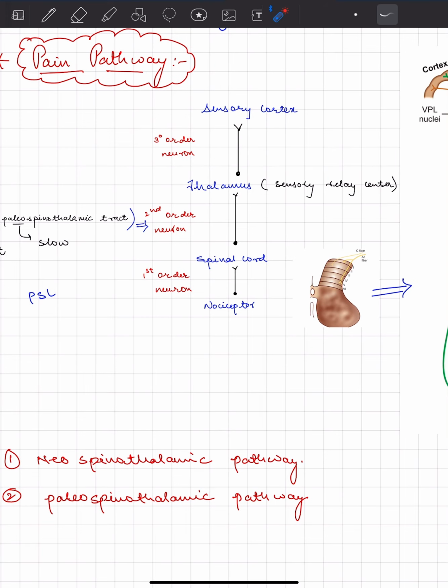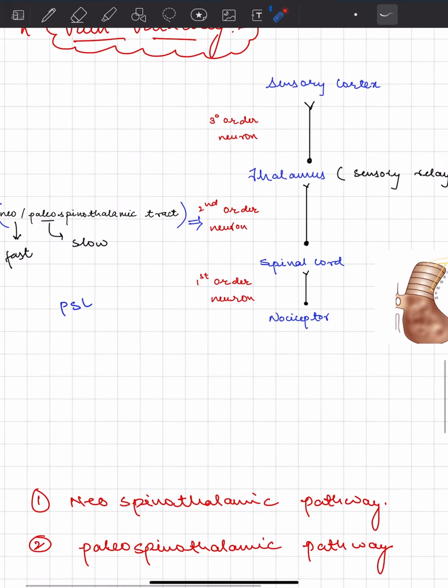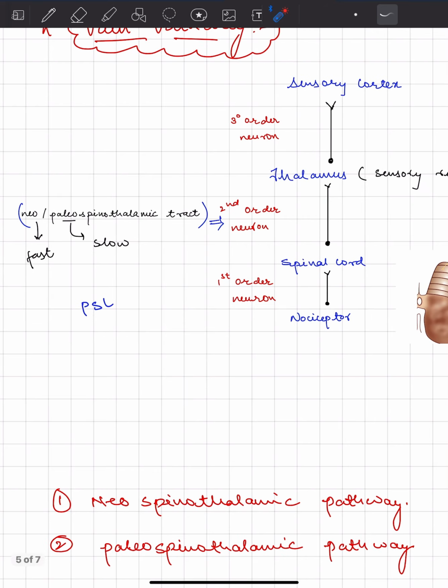In the pain pathway, we have to further understand that the second order neurons have two types. The neurons which conduct fast pain form the neospinothalamic tract, and those which conduct slow pain form the paleo-spinothalamic tract.